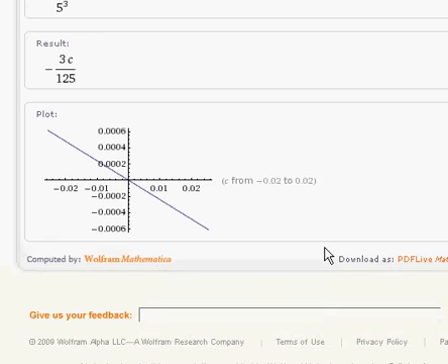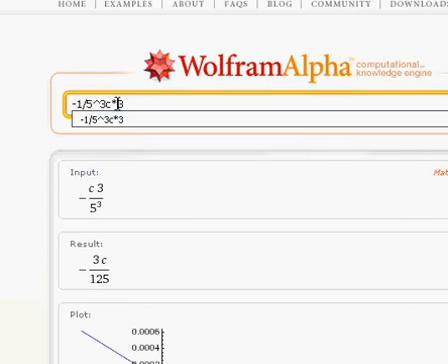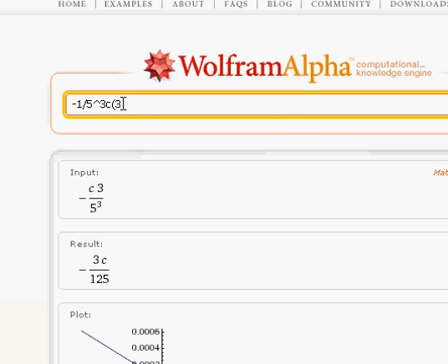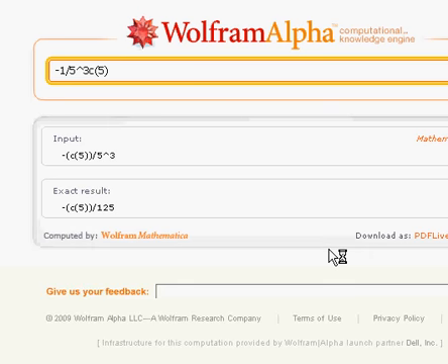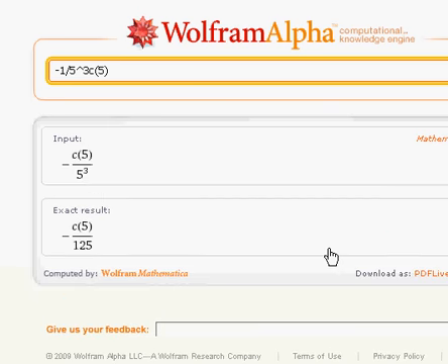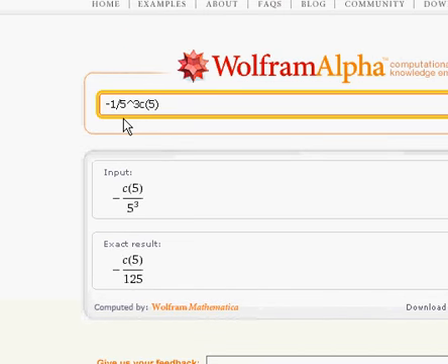There's our plot again, and let's try multiplying that by 5. So the exact result is right there. Let's try getting rid of the fraction.